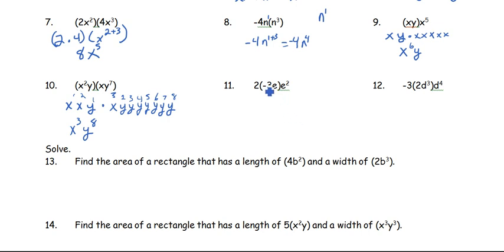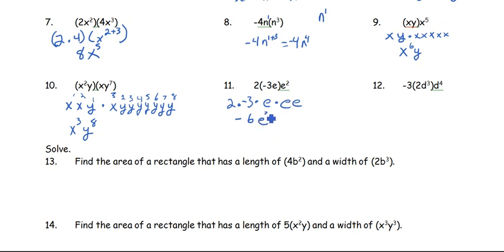All right. Now, this looks kind of confusing, but we can just do it like this. 2 times negative 3 times e times e. So 2 times negative 3 is negative 6. How many e's are we multiplying together?